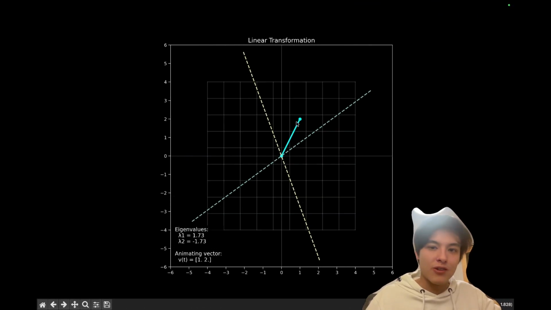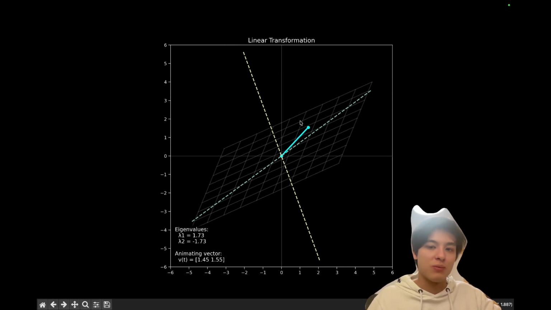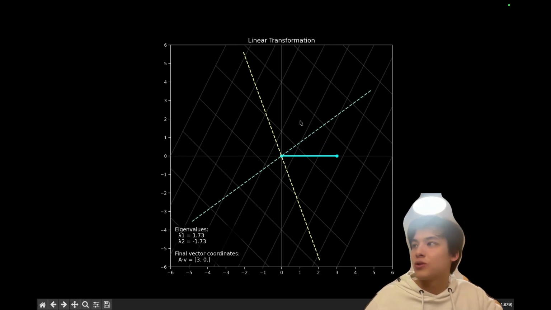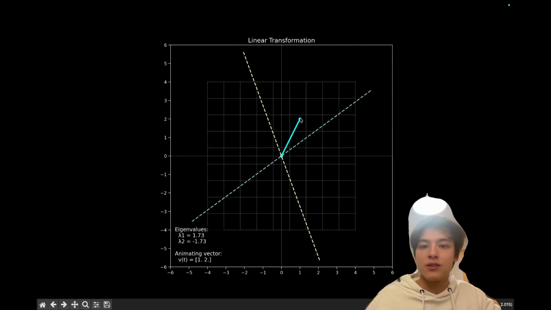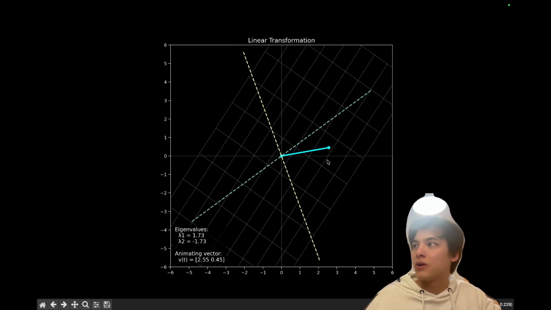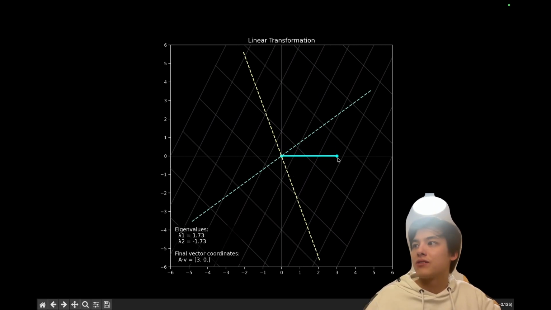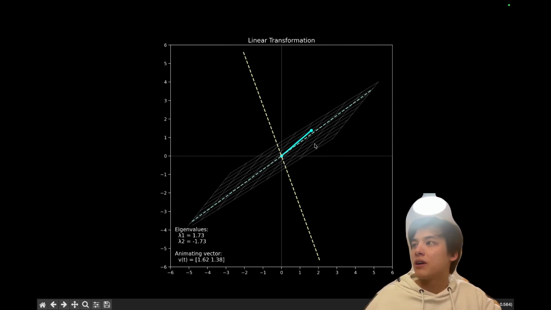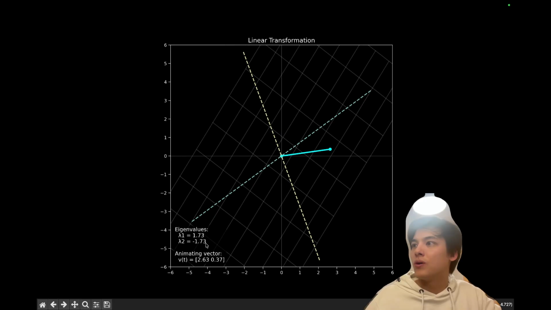Here I already inputted the starting value, but as we saw, x equals 1, y equals 2 was the solution. So when we start out here and apply our matrix, we get to our output b at 3, 0. And we see here the eigenvalues of our matrix.